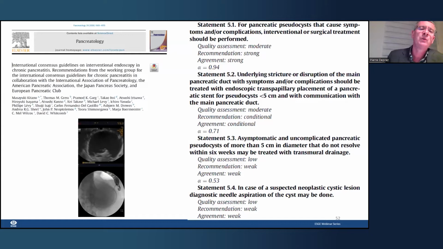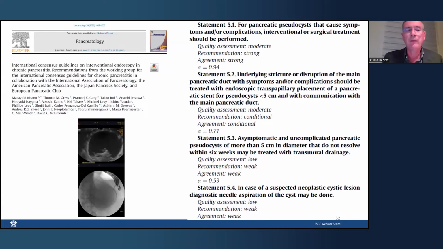Most of the guidelines have a statement on asymptomatic but non-resolving collections after pancreatitis, even in the context of chronic pancreatitis. And all guidelines mention that in case of suspected neoplastic cystic lesions, diagnosis should be made first before treatment.